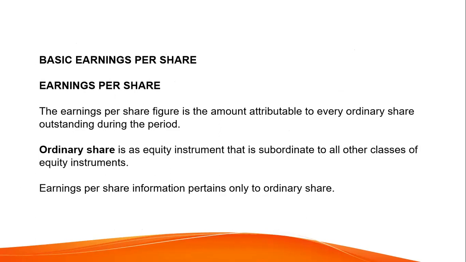Next, we have this in chapter 19, basic earnings per share. Earnings per share is the amount attributable to every ordinary share outstanding during the period. So you take note of this, that earnings per share would only apply to ordinary shares outstanding during the period.